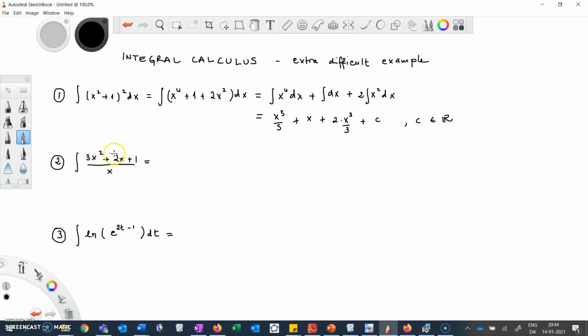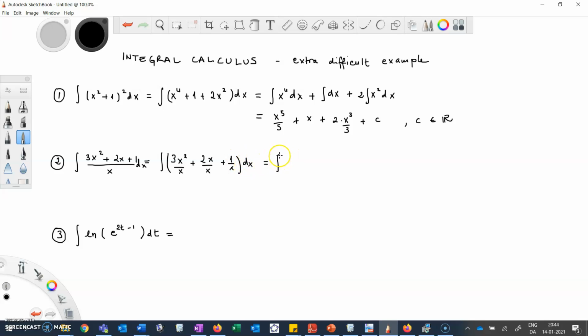This looks a little bit more complicated. But in reality, this algebraic fraction can be expressed in singular pieces. So if I have here the integral of 1 plus the second plus the third term divided by x, I can just divide each term by x. So I'm going to have actually 3x squared divided by x plus 2x divided by x plus 1 divided by x, and everything is in dx.